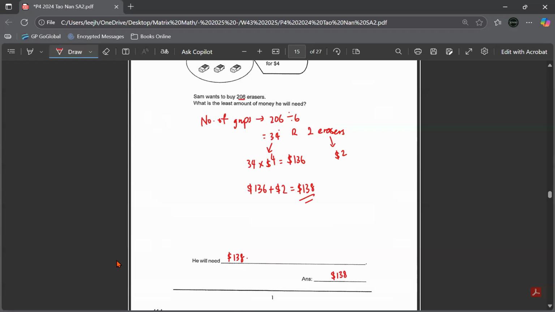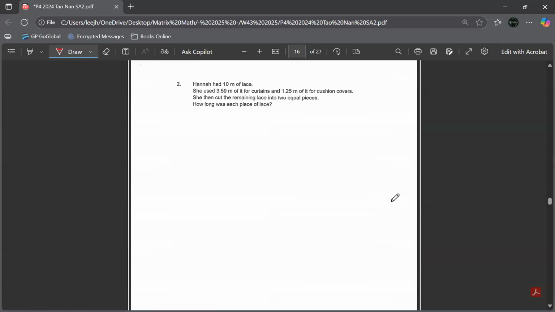Okay. Question number 2. Hannah had 10 meter of lace. She used 3.59 meter of it for curtains and 1.25 meter of it for cushion covers. She then cut the remaining lace into 2 equal pieces. How long was each piece? So we know total 10 meter.